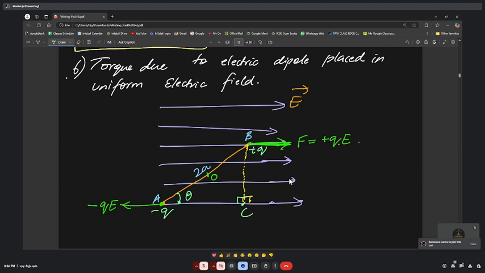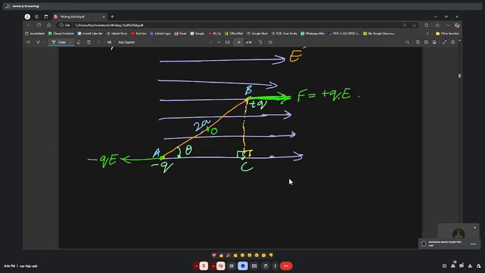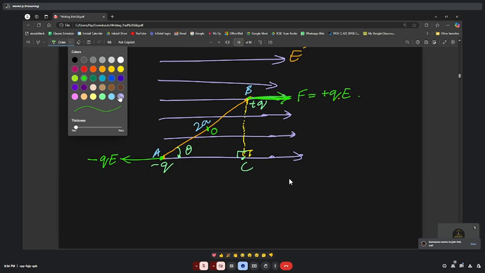Now what happens when two forces of equal magnitude act in opposite directions? They will start to experience a turning effect. They will start rotating. That turning effect of force is what is called torque. So that is the concept of torque. In 11th standard, all of you would have learned this; in fact, I have also taught it.